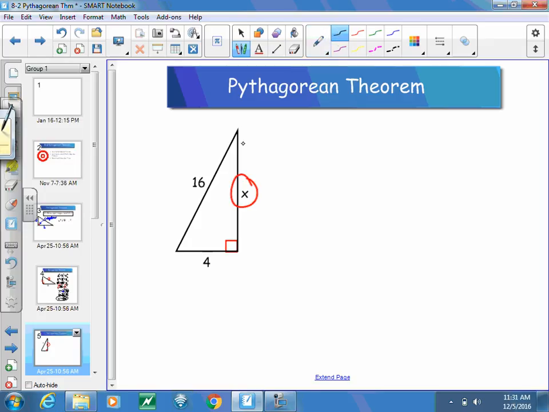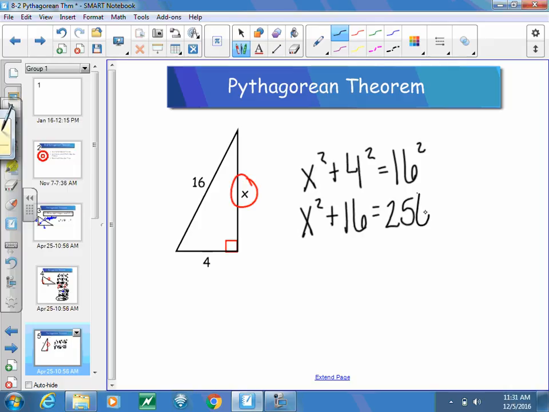What is our hypotenuse is the 16. I can set this up as x squared plus 4 squared is equal to 16 squared. Now that will work for us. 4 squared is 16, and 16 squared is 256.